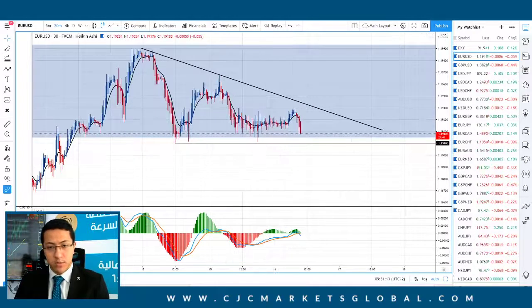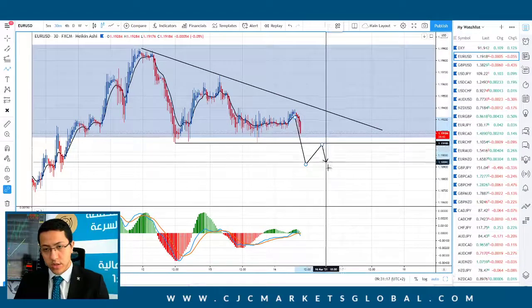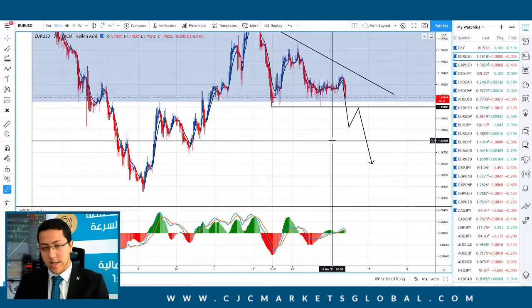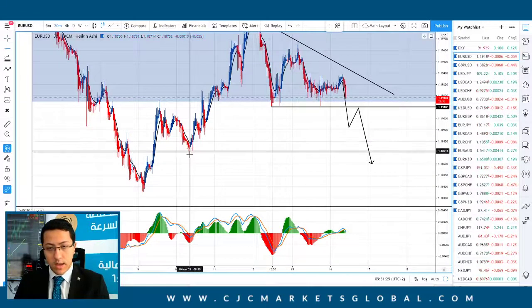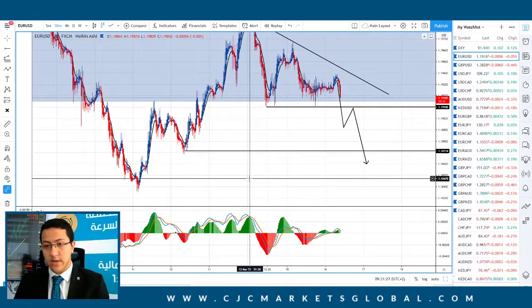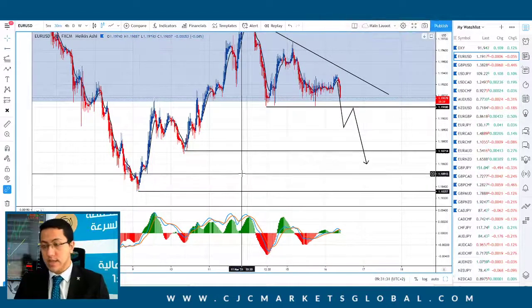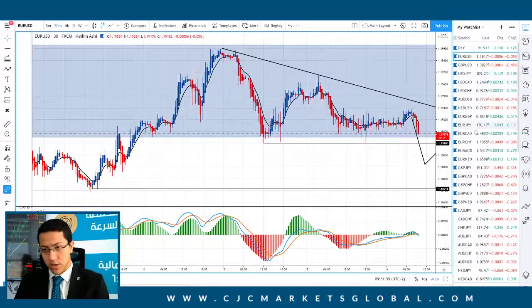The best possible scenario that we will be waiting for on the euro dollar is a break below 1.19, a retest, and then heading south to retest this zone at 1.1871, and then the lows at 1.1835. That's what we are expecting today on the euro dollar.